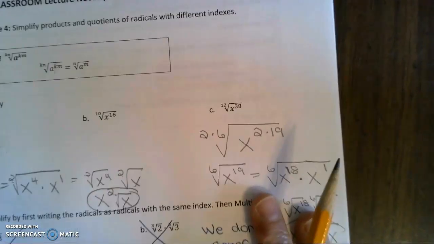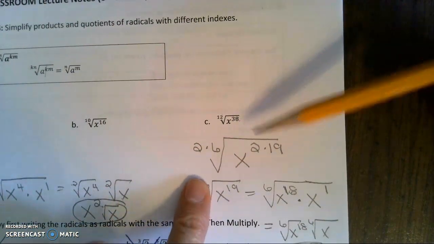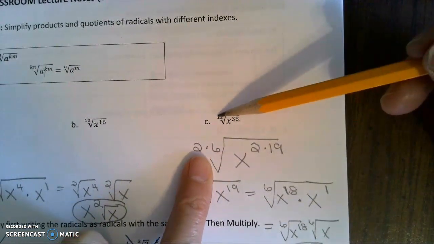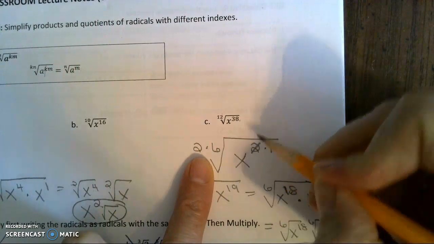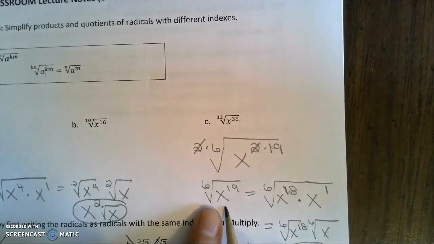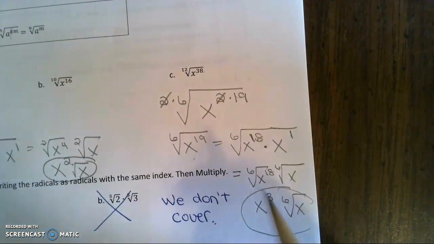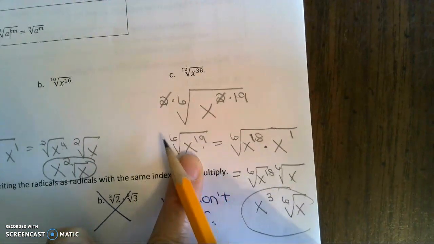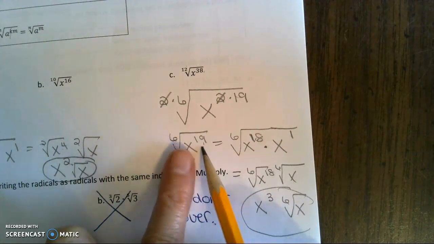And then here's another one, a little bit harder one. 12 and 38 both have a factor of 2, so I rewrote those. 12 is 2 times 6, 38 is 2 times 19. Cancel out the 2, and I rewrite it as this. 19 is bigger than 6, so I'm going to write 19 using a multiple of 6 that's smaller than 19.